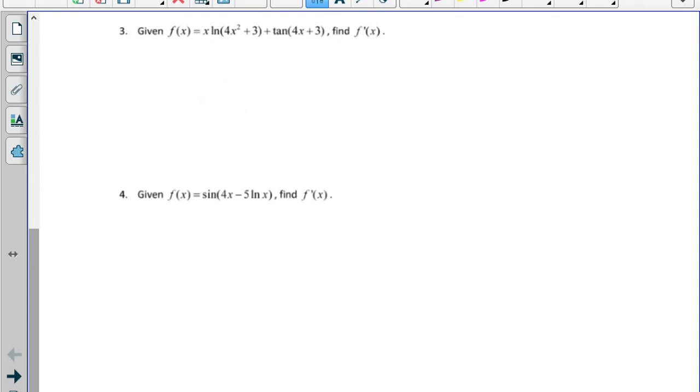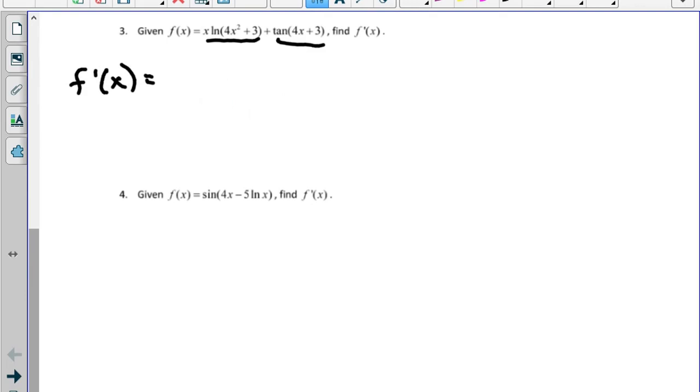one thing that we need to notice is that f of x has a couple things going on here. It has two parts, so we have to take the derivative of both parts. Also notice that f of x has a product rule in the first part. So we have x times the natural log of 4x squared plus 3.